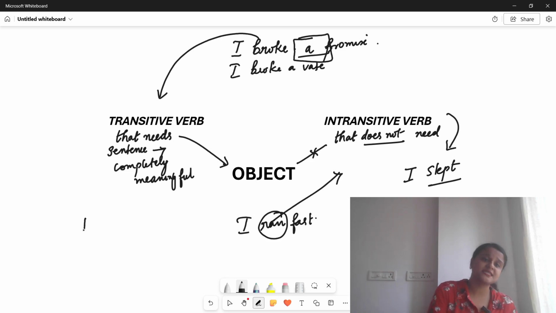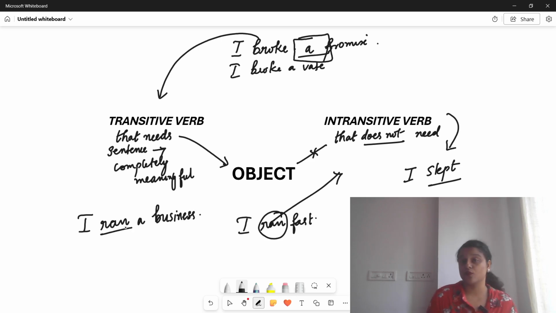But if I write a sentence like this, I ran a business. In this case, I explain to you what I ran. I'm explaining to you the object in question, right? So in this sentence, ran is a transitive verb. Do you get it?